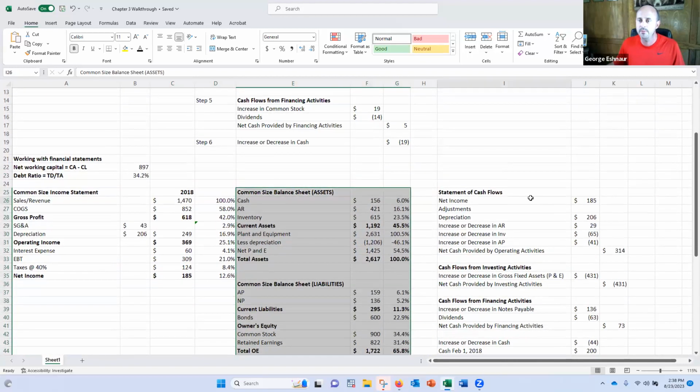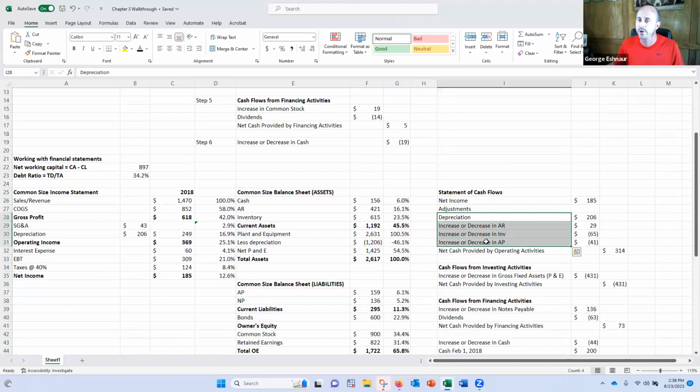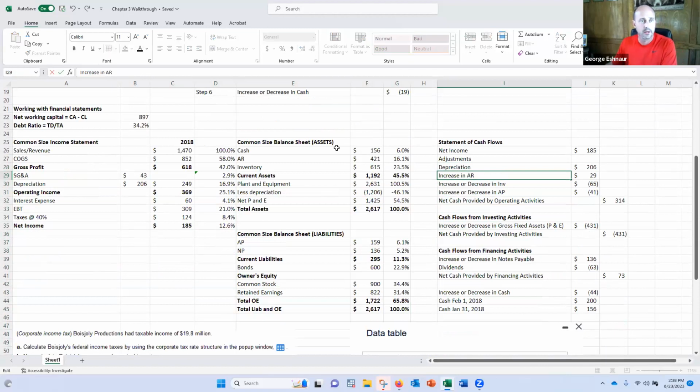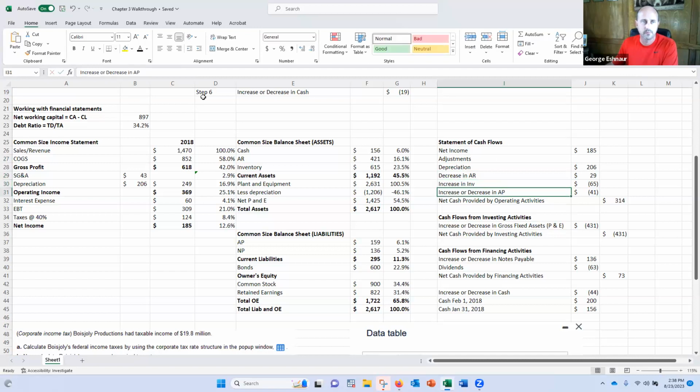We start with net income. We figure out our adjustments and whether they're positive or negative. And so in these cases, increase, decrease. This one is an increase. And this one was a decrease in accounts payable.